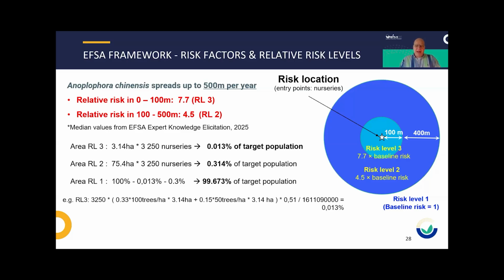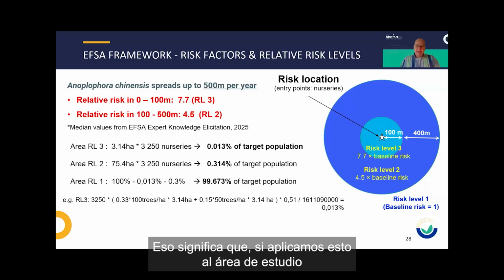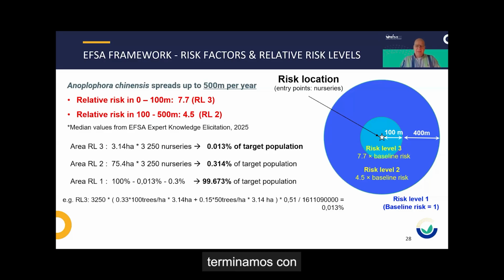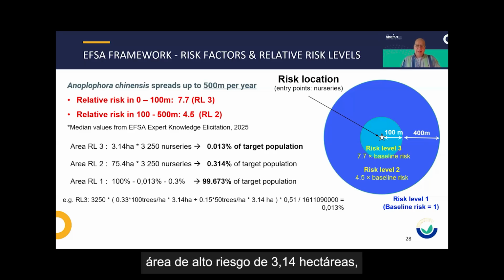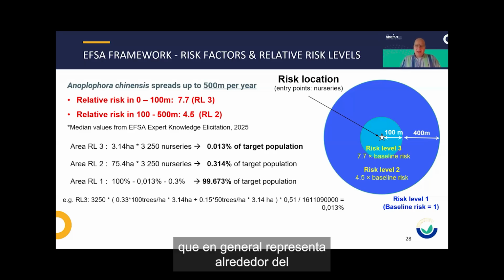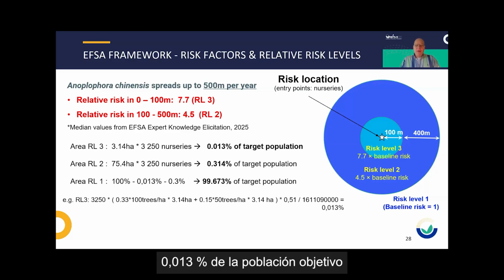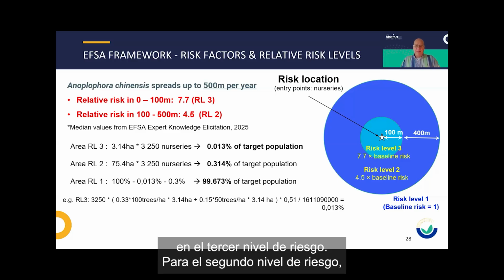That means if we translate this into Surveyland, we end up with probably 3,250 nurseries. So around each of them, we have a 3.14 hectare sized high-risk area, which overall gives us 0.013% of the target population that is in risk level 3.